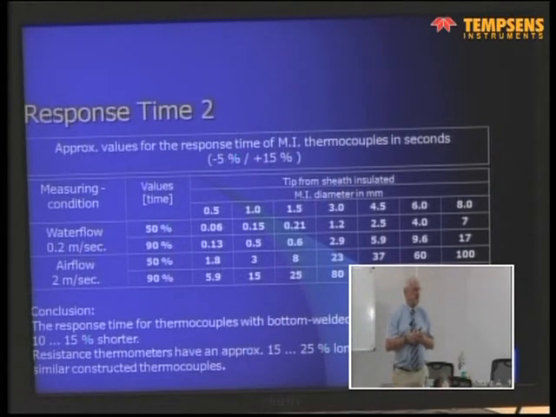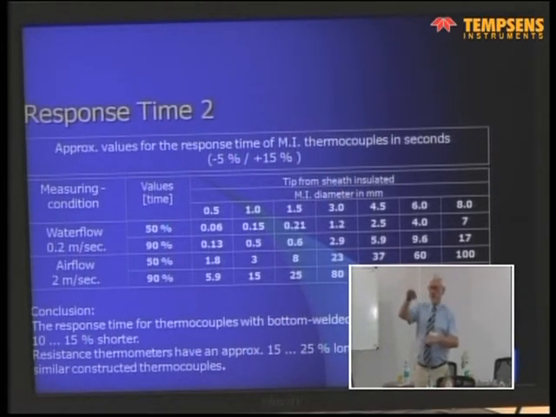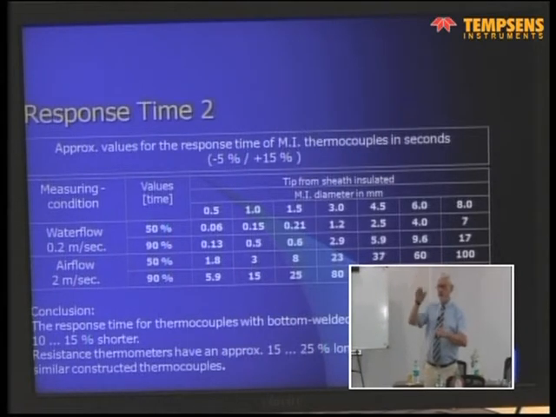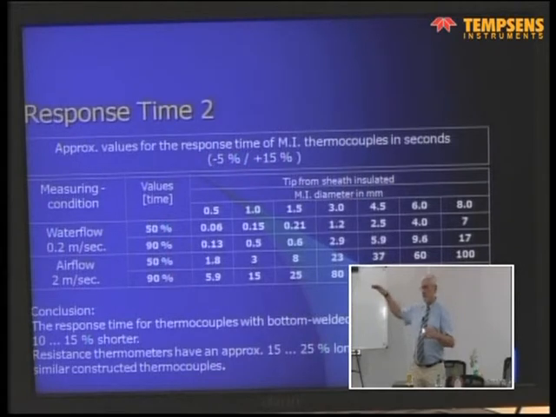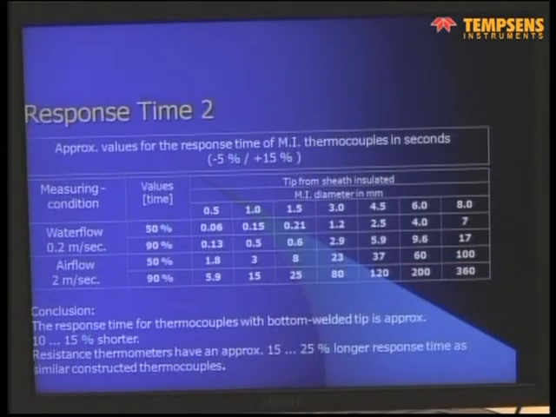And 90% means you have a step from 0 to 100%, and you measure the time where the output of the thermocouple reaches 90% of the desired final value. This means 50% accordingly. Yes?